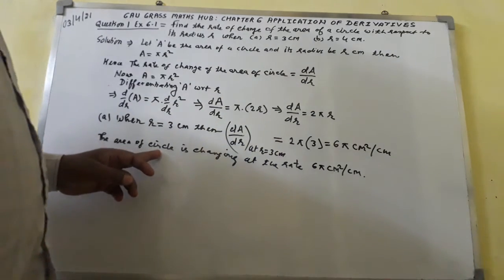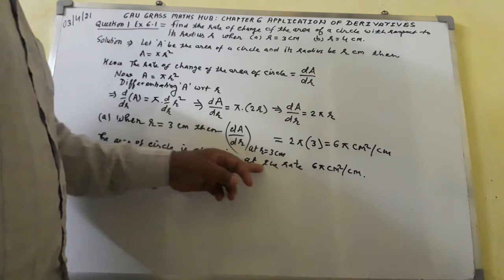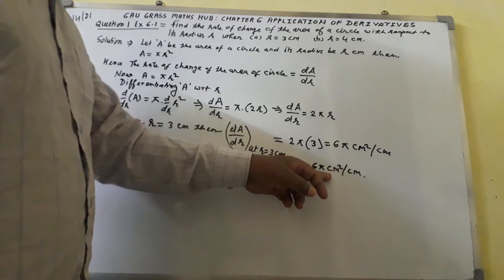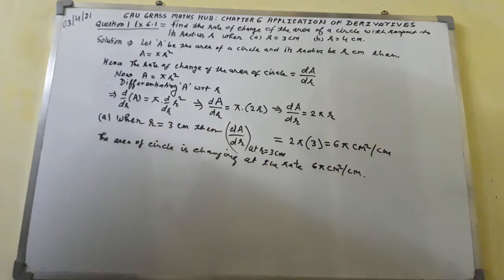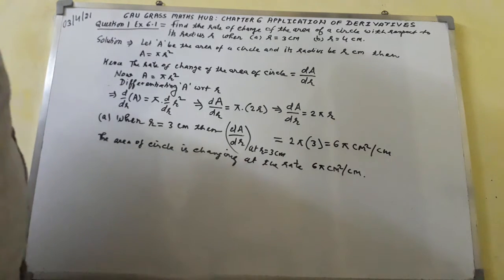The area of circle is changing at the rate 6 pi centimeter square per centimeter. This will be the correct answer.